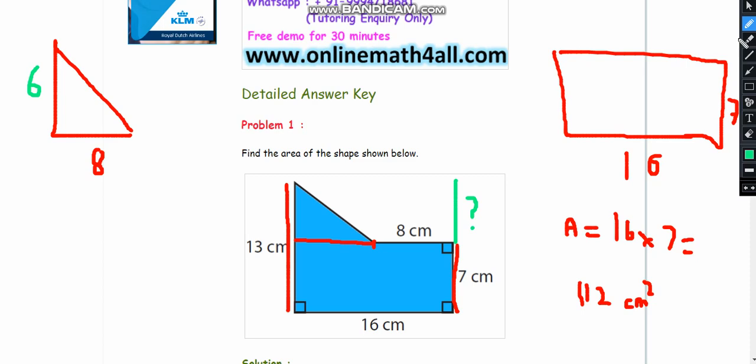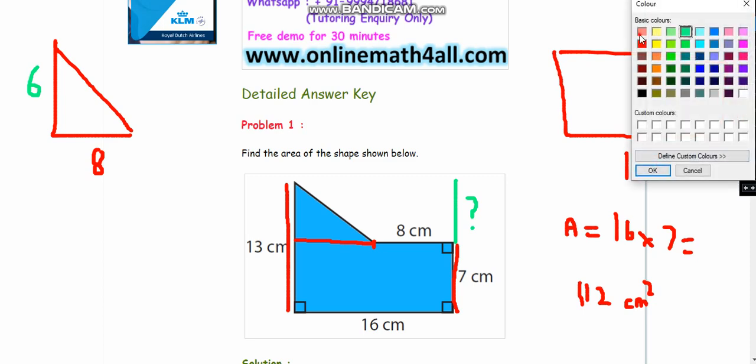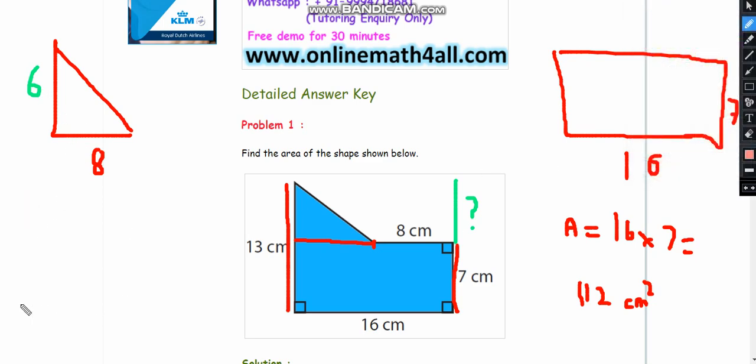So then, how do we find the area of this triangle? We've done it plenty of times before. The area of the triangle is half the base times the height. So in this case we'll say the base is 8, and the height is 6.